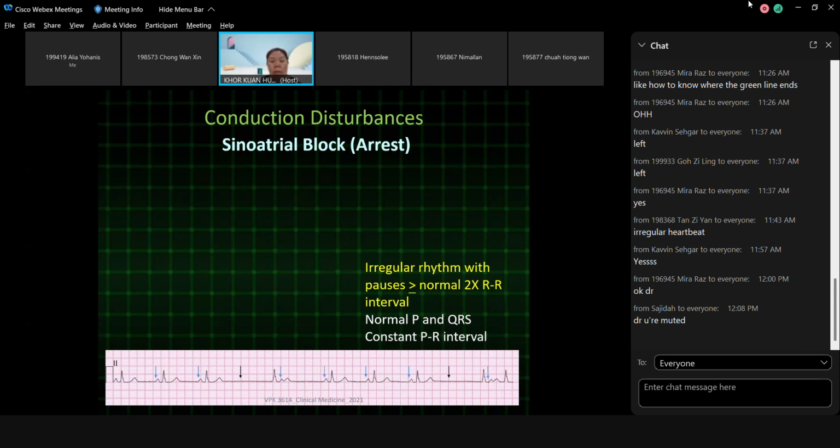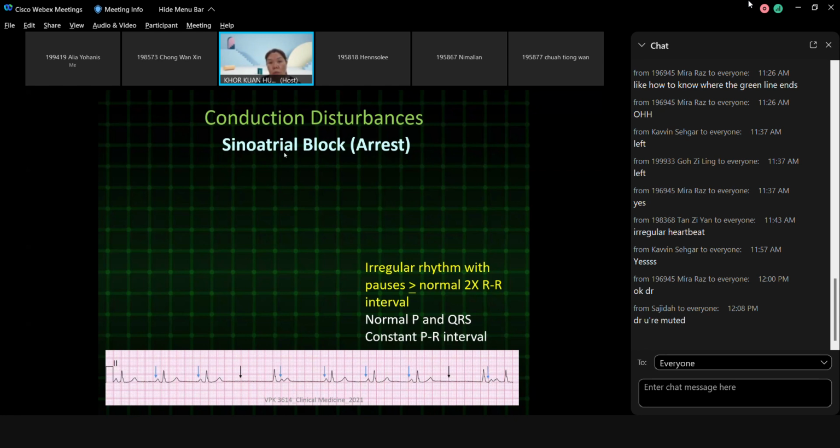Okay, then it's like, okay, P wave, you better go and work. So P comes back. P, QRST, P, QRST, P, QRST. And the P wave stops again. Okay, so there's something wrong with the sinus within the atrium, and there is a block there.